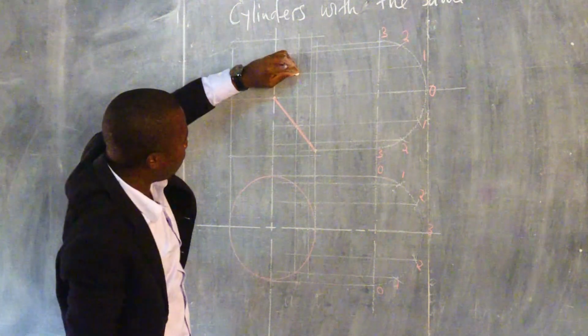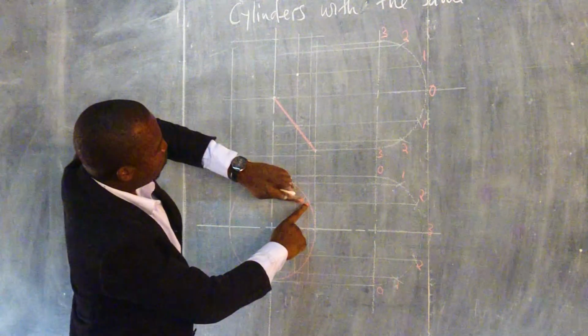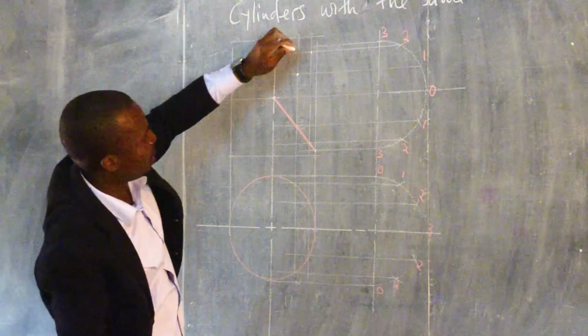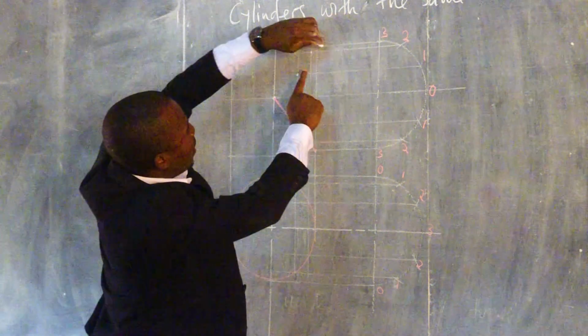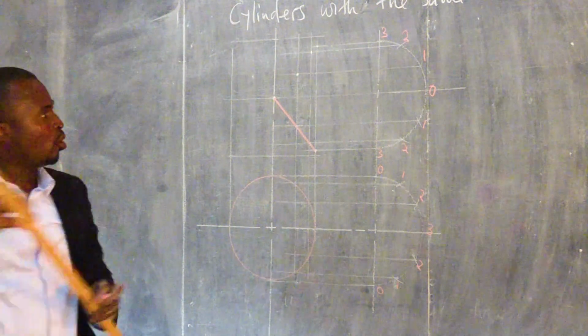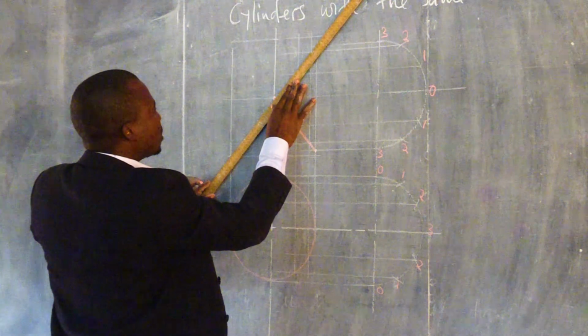Where they meet, it is here. And then 2, you follow this 2. Then you also follow this 2. Where they meet, it is there. And then we have 3, which is this, and then 3 there is that one. Then you are going to draw your line indicating the point of intersection.